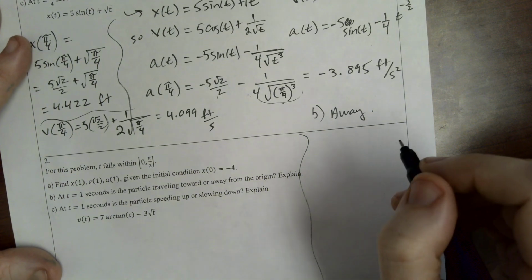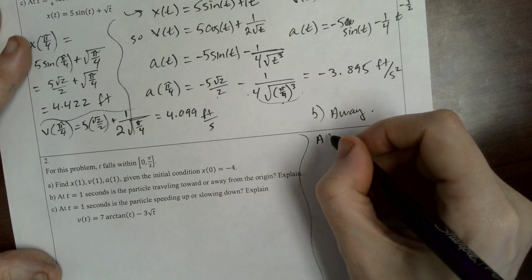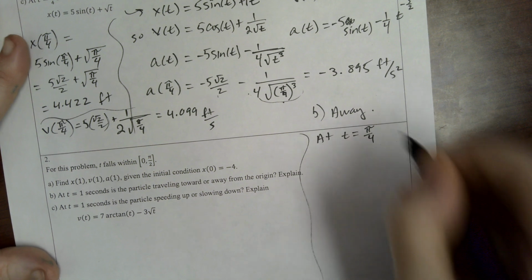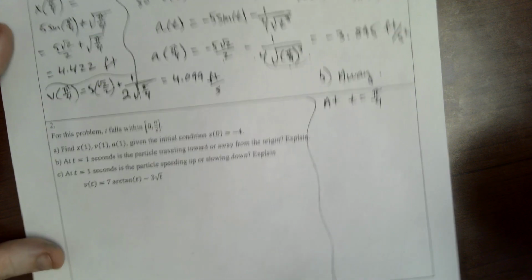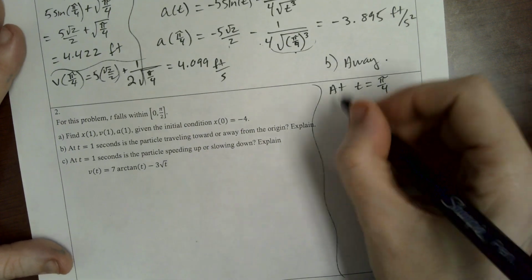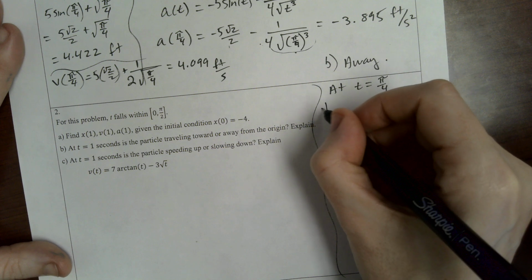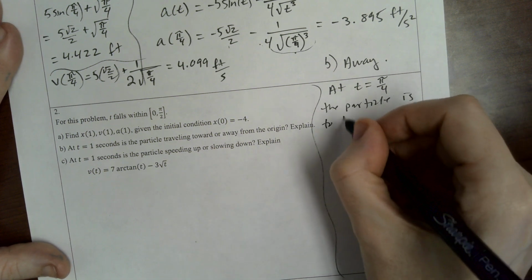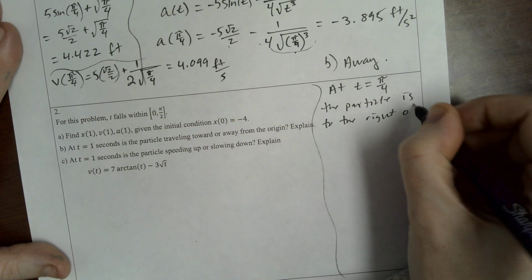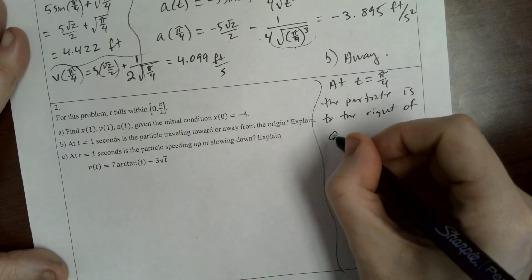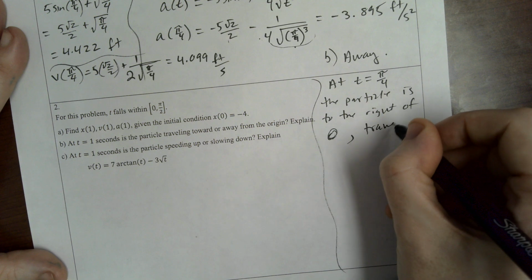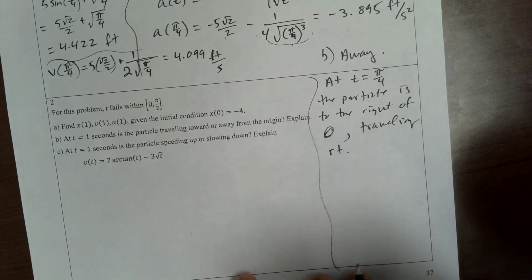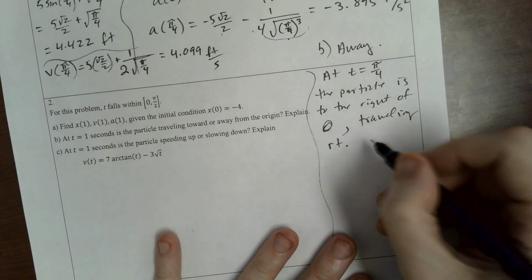Away. At t equals pi over 4, the particle is to the right of 0, traveling right. All right, and actually let me elaborate a little.